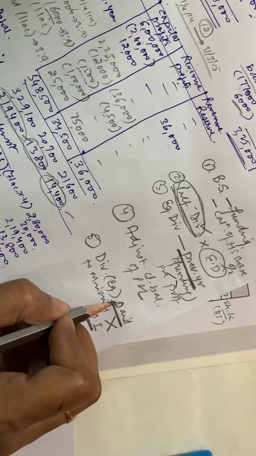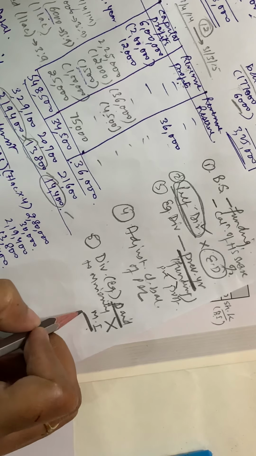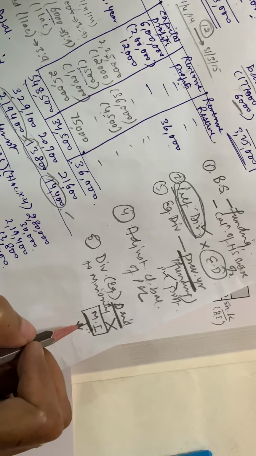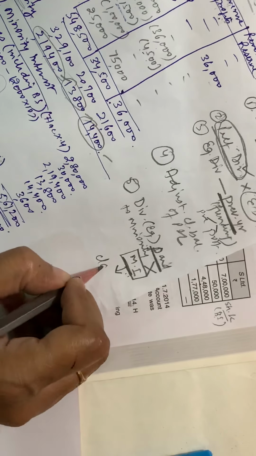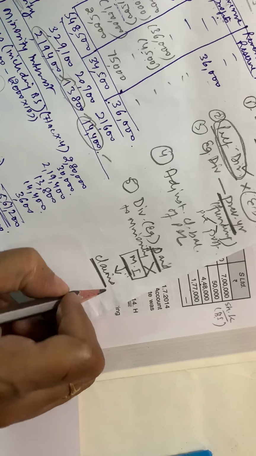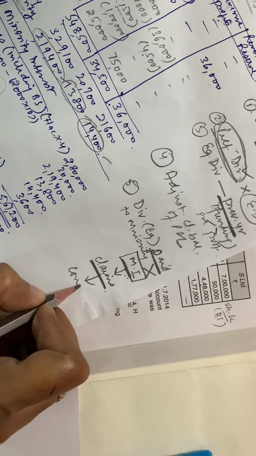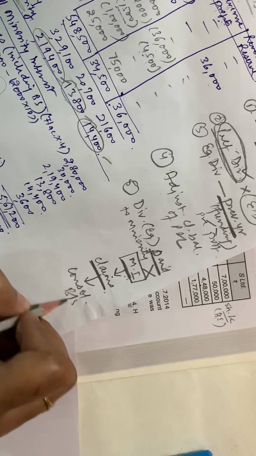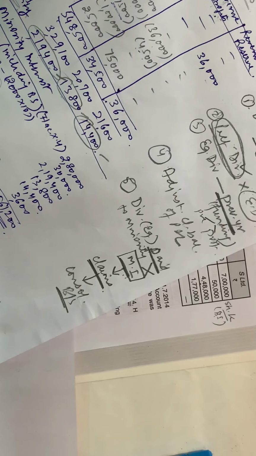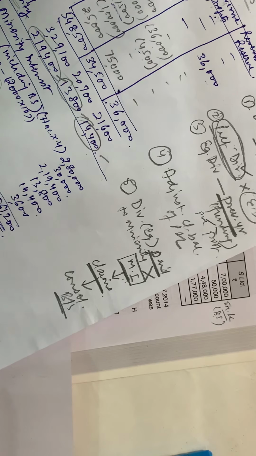Whatever has been paid will not be included or added in the minority interest, because this minority interest basically shows the claims which they have not been paid, which needs to be shown in the consolidated balance sheet, which needs to be highlighted. So I hope now this is clear to you.